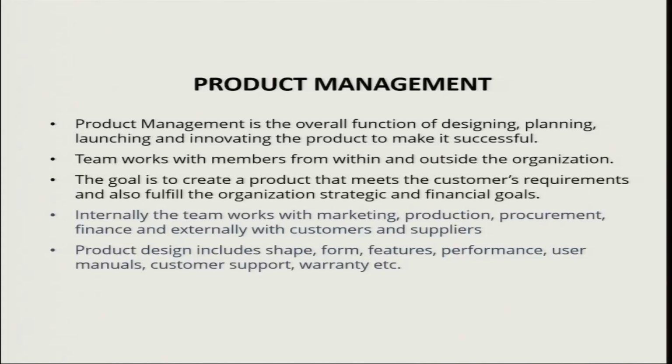The product design includes not only the features, it also includes the shape, form, performance, user manual, customer support, warranty, etc. Let us take the example of a washing machine. When you are designing the washing machine, you must keep in mind the load capacity, whether it is going to be an automatic, semi-automatic or a manual machine, and the features you are going to provide.